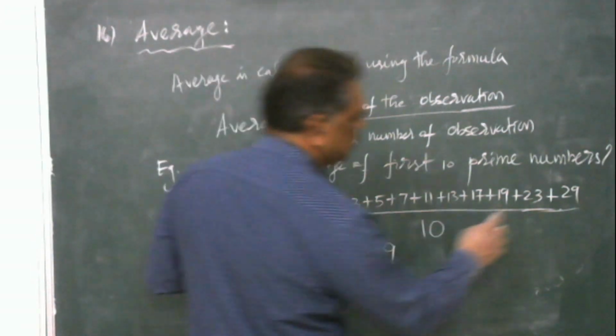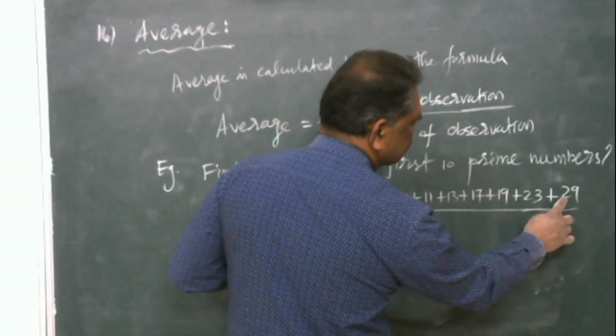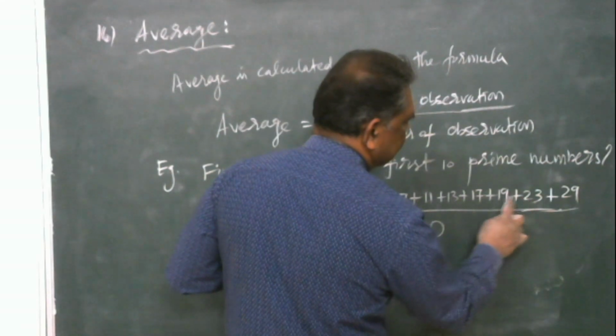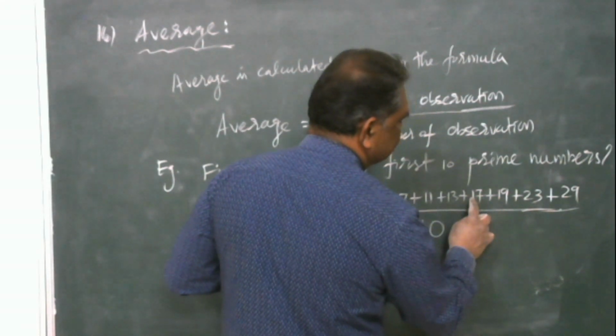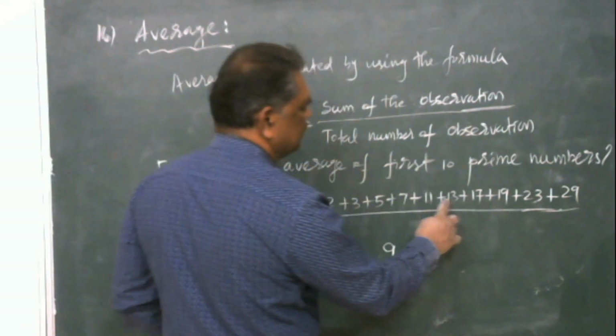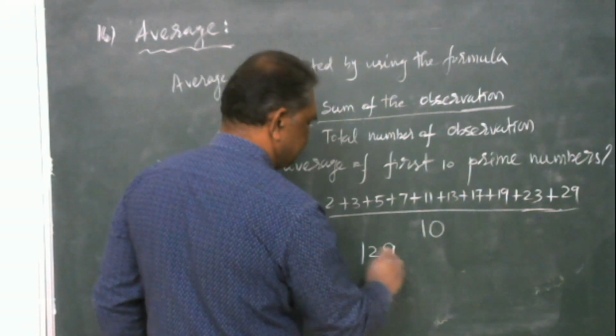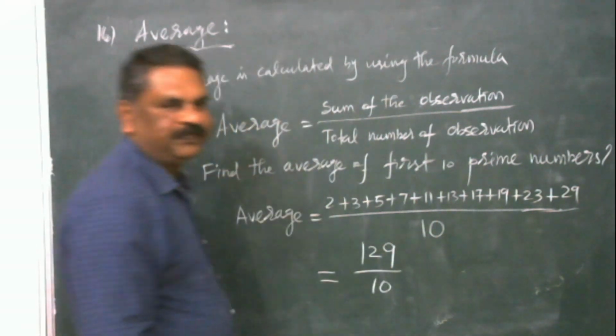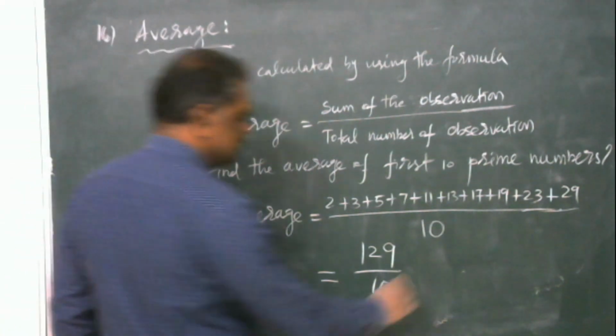Tens place: 4 plus 2, 6, 6 plus 2, 8, 8 plus 1, 9, 9 plus 1, 10, 10 plus 1, 11, 11 plus 1, 12. So the sum is 129, divided by 10.